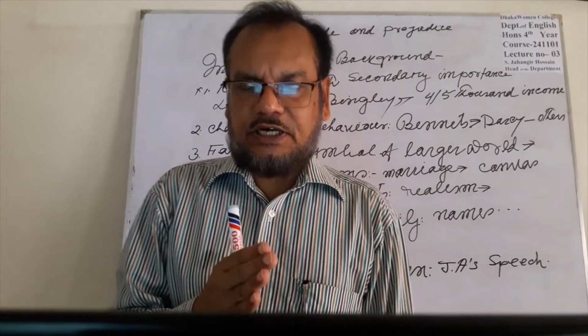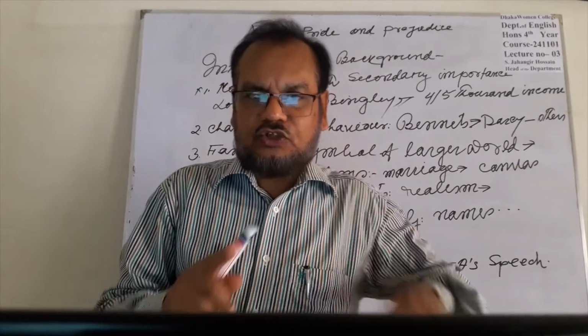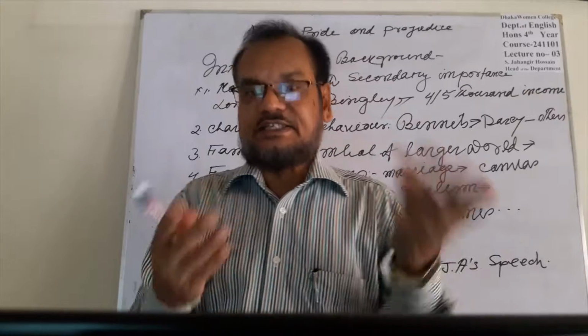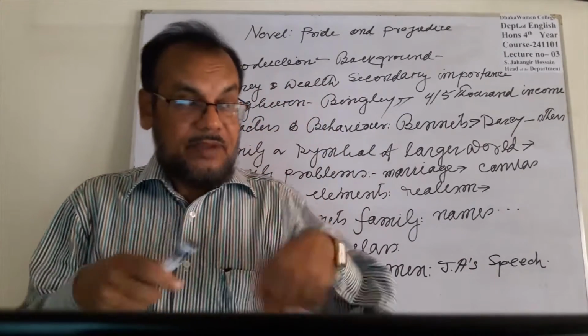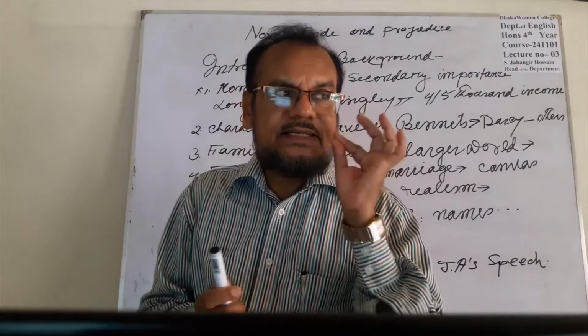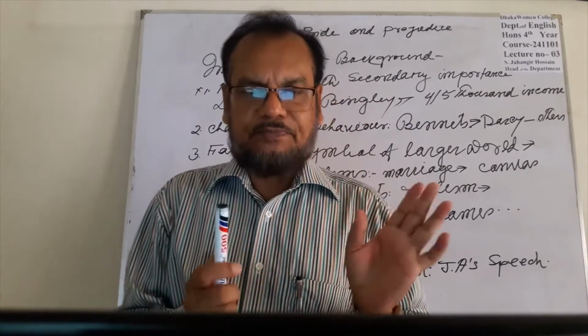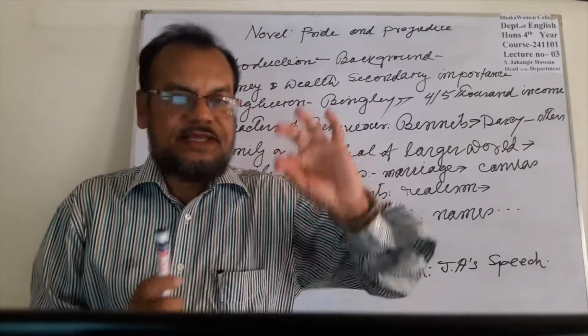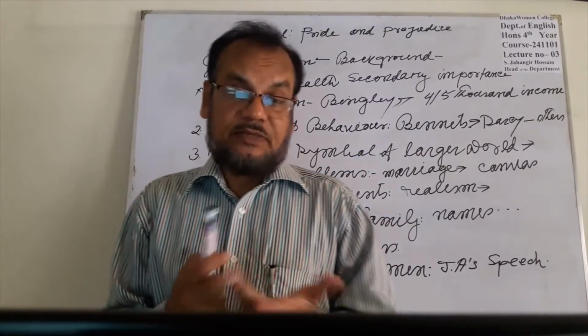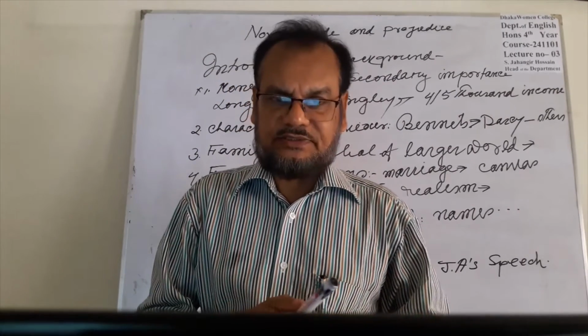Jane Austen's Pride and Prejudice begins with great deference to Longbourn and Bingley. Bingley's income is 4 or 5,000 a year, so it is very important to attract anybody, especially the marriageable girls of the family.